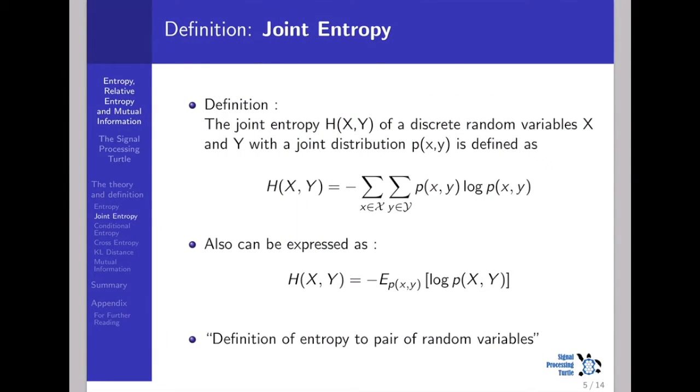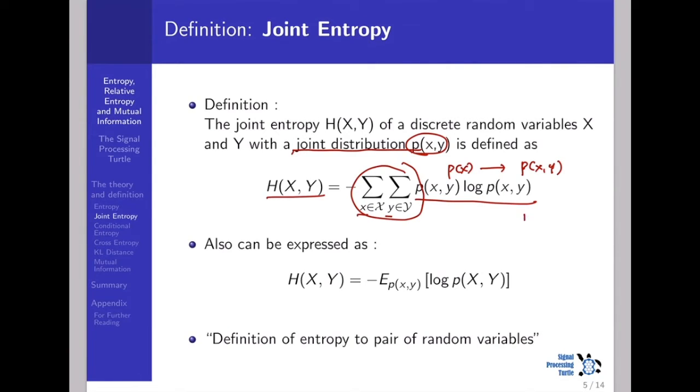Now I'm gonna move on to joint entropy. Joint entropy is pretty much the same, because instead of p(x), we're using p(x,y), which is the joint distribution of x and y. In this case, the entropy H(X,Y) equals nested summations with respect to x and y, and we write down the same formula here.